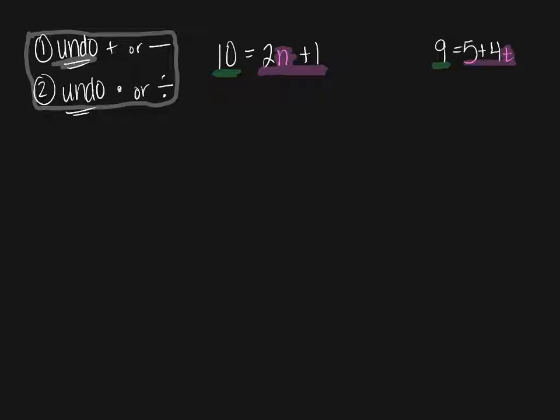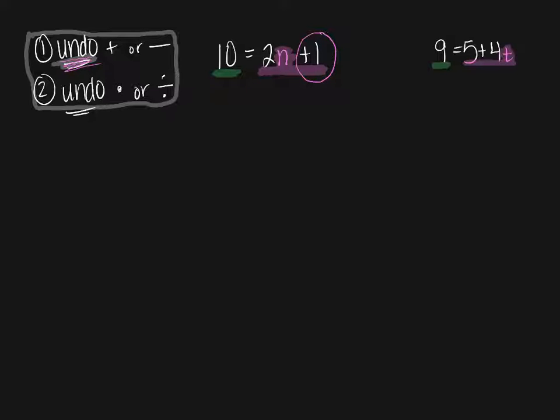So, looking at the problem I'm doing for you on the side, I look on my pink side. Find your pink side. What's going on with your n? Do you have addition on your pink side? Yes! All right, let's circle that. I have addition right here. If I have addition, I've got to undo it. How do I undo addition? By adding its opposite.